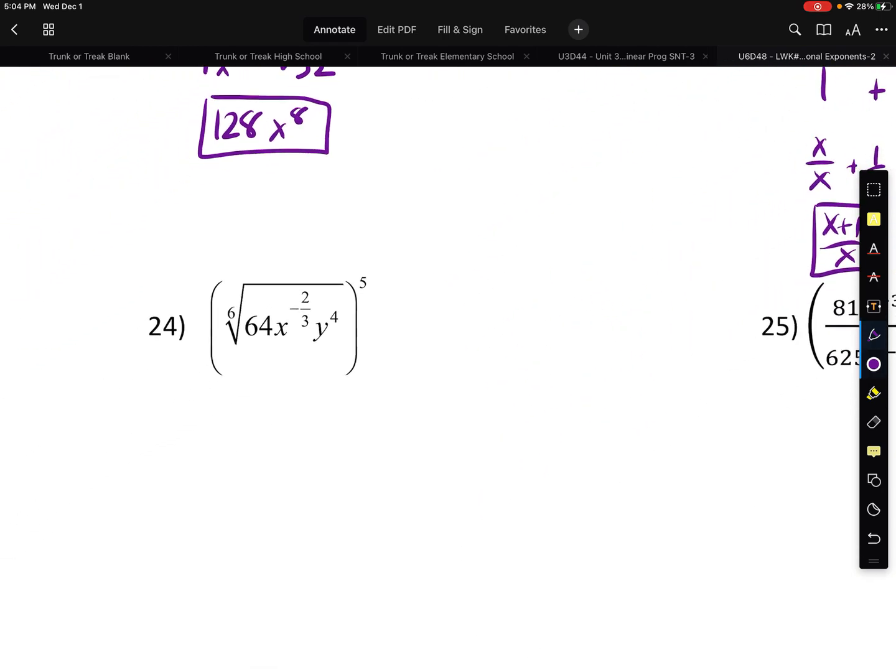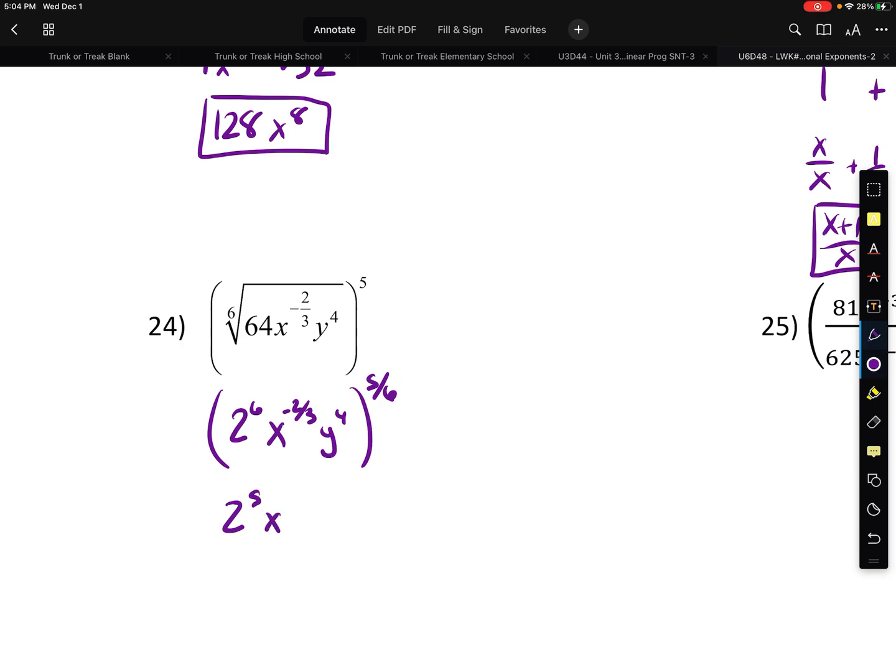All right, what do we got here? Right away, I'm seeing 2 to the 6, x to the negative 2/3, y to the 4th, all raised to the 5/6 power. So I could give this out, and that would give me 6 times 5/6 is 2 to the 5th.